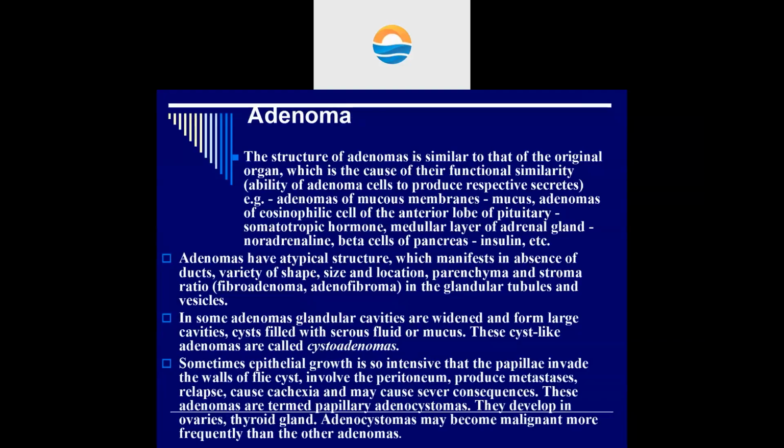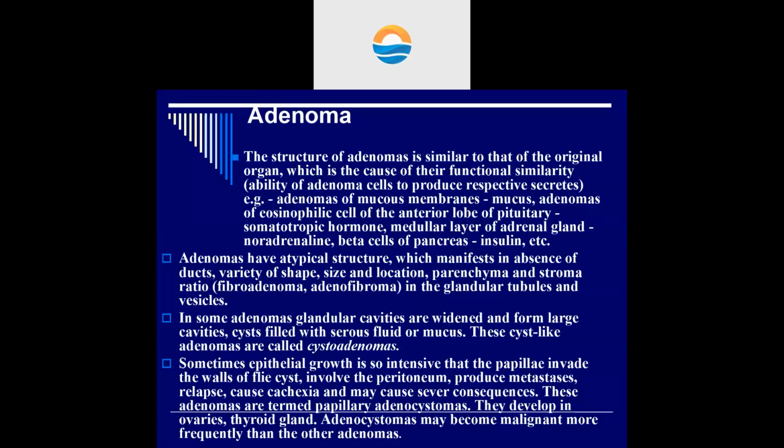Adenoma. You must know what adenoma is. Its structure is similar to that of the original organ, which is the cause of their functional similarity, like the ability of adenoma cells to produce some secretions.